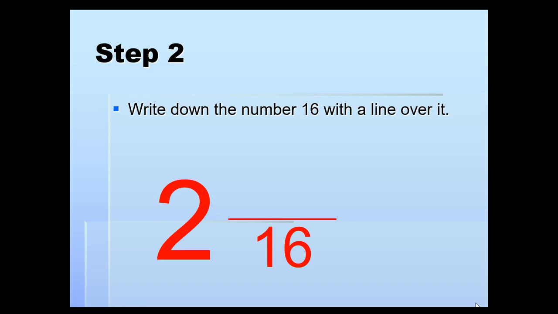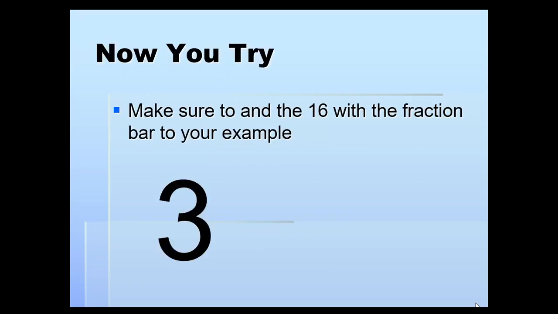So for instance, if we ordered an 8-slice pizza, we should have 8 slices of pizza in that circle. In an inch, we're going to have 16 equal pieces. We're starting to set up a fraction. Now you try it. Make sure the 16 with the fraction bar is on your example.